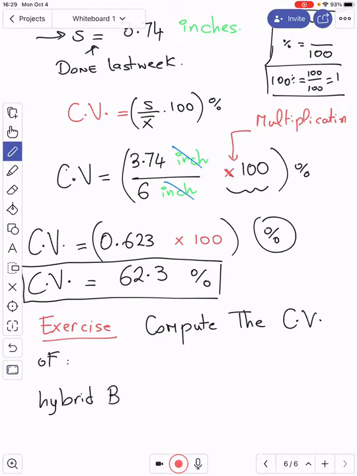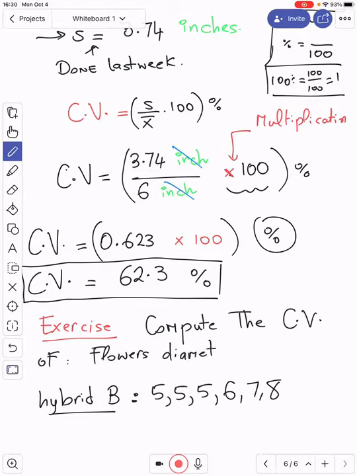For hybrid B, again, we had 6 flowers, and I think we had the following data values: 5, 5, 5, 6, 7, and 8. Of course, these are flower diameters in inches.